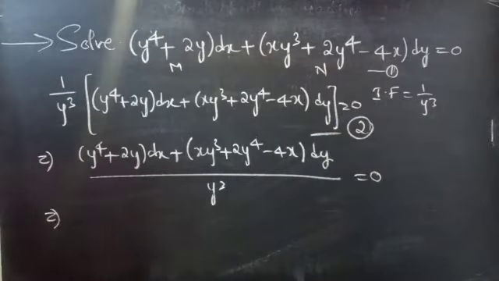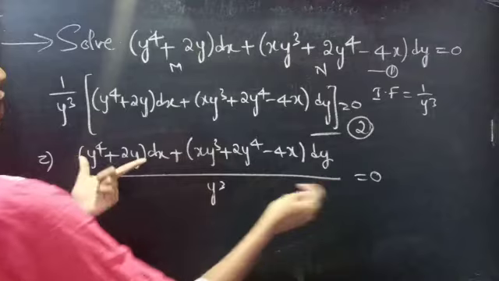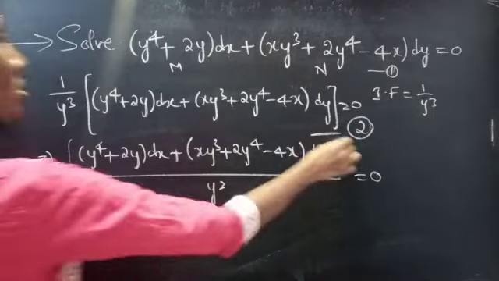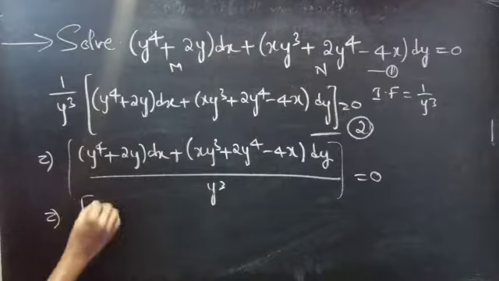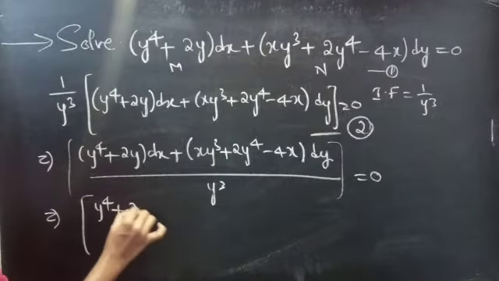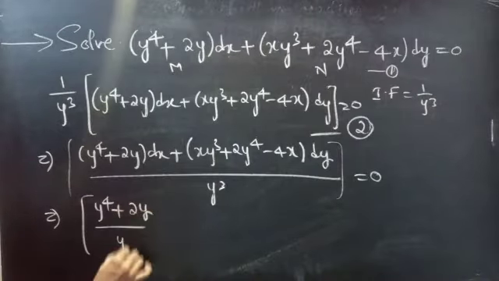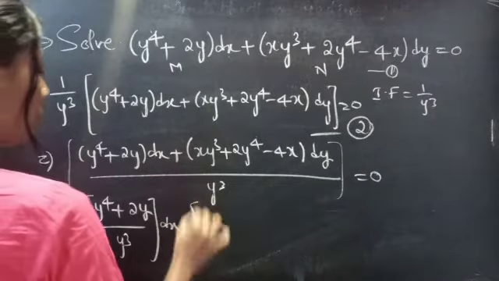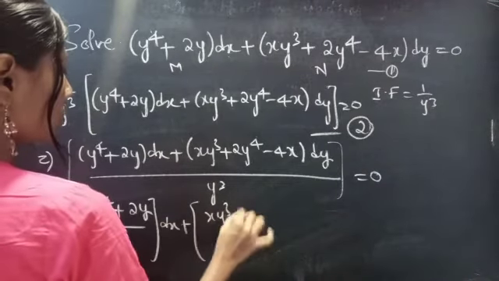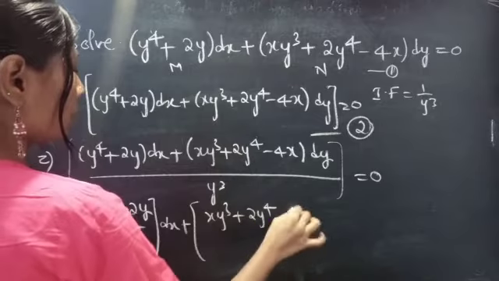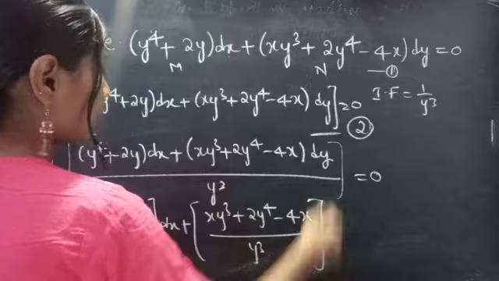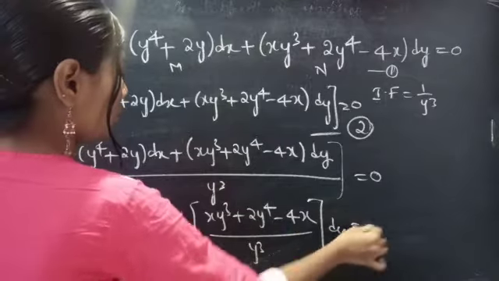Then, if you consider the LHS part, you have two terms in the numerator and one term in the denominator, so we can split this into two terms: y power 4 plus 2y by y cube into dx plus xy cube plus 2y power 4 minus 4x by y cube into dy equals 0.